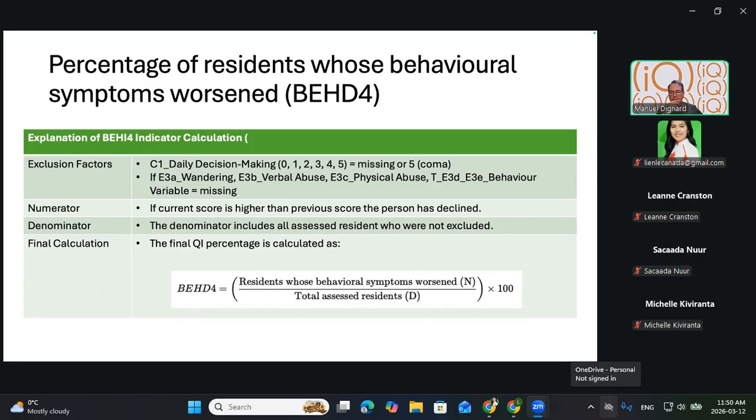Okay, so we're monitoring that behavioral health. Okay, we're going to try and take action to support the resident whose behaviors may be escalating or becoming more difficult to manage. Again, it is the counterpart to the other behavior one. So together, they allow the care team to track both that positive and that negative behavioral trend.